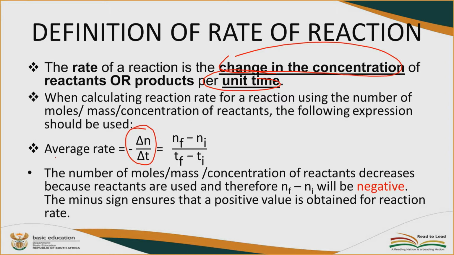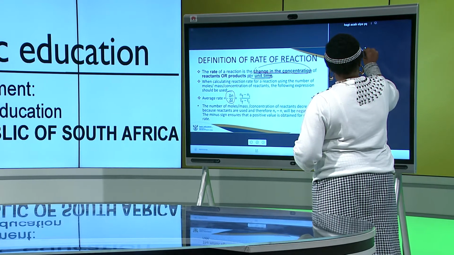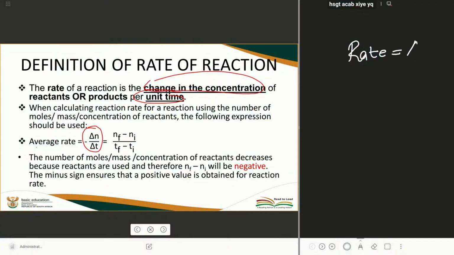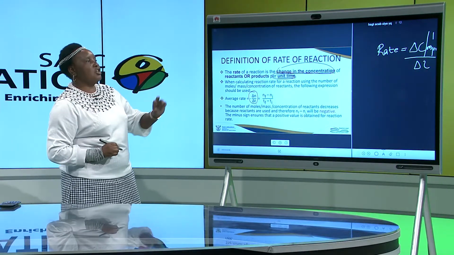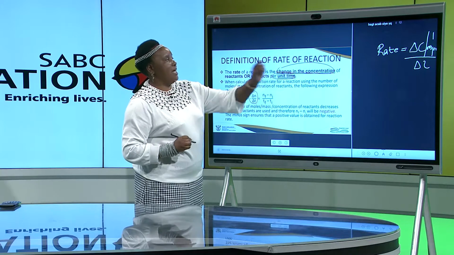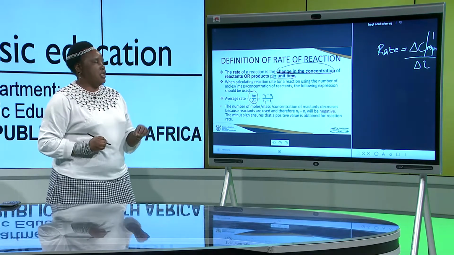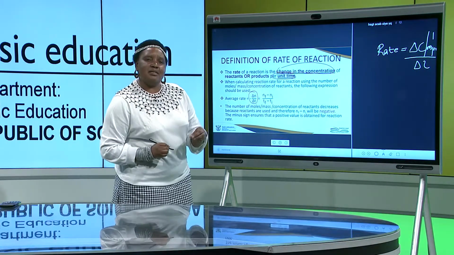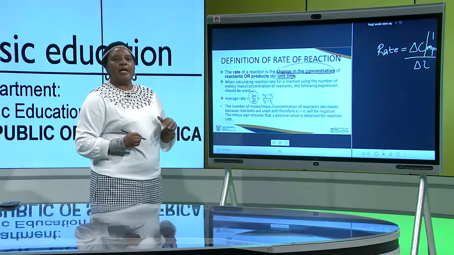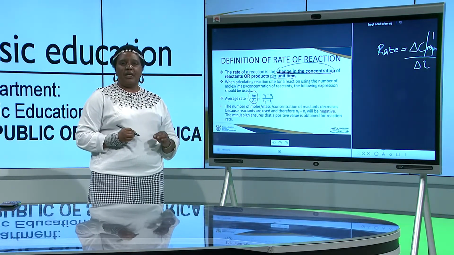So in other words, rate is equal to delta C, or delta m, or delta n, over delta t. So I want you not to say, oh, in the examination they've only given me the number of moles. No, you can also be given concentration. You can also be given the mass. And what you have to remember is that it must change. During change, the reactants are being used up and the products are being formed. And grade 12, remember, this reaction is occurring in an open system.